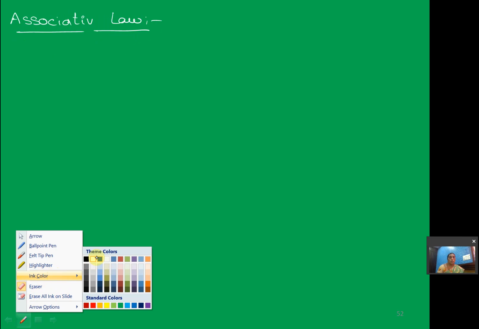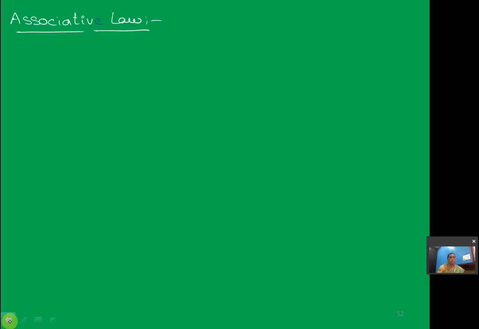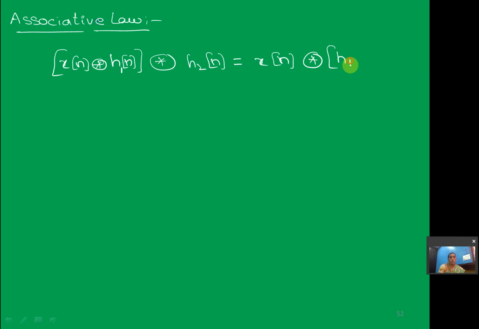Actually, A into BC is equal to AB into C. Here the operator is the convolution operator, used in place of the product or sum. So x(n) convolved with h(n), taking two impulse responses, x(n) convolved with h1(n) and then convolved with h2(n). This is the associative law, and from it you can write it like this.